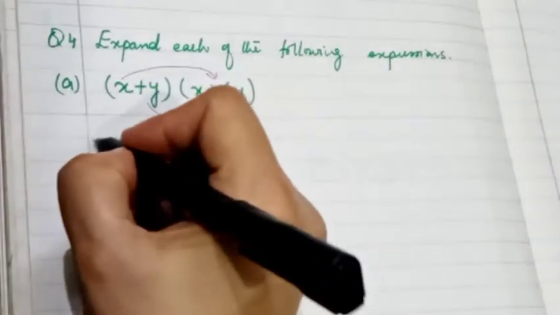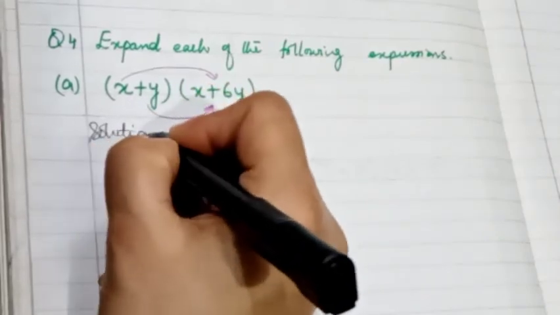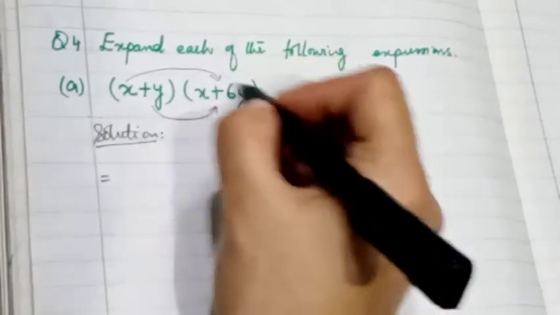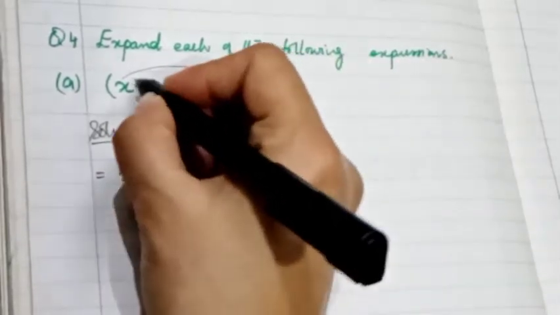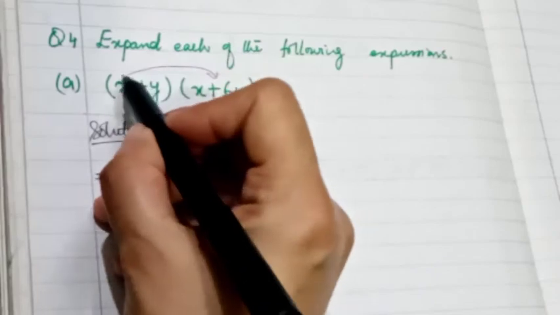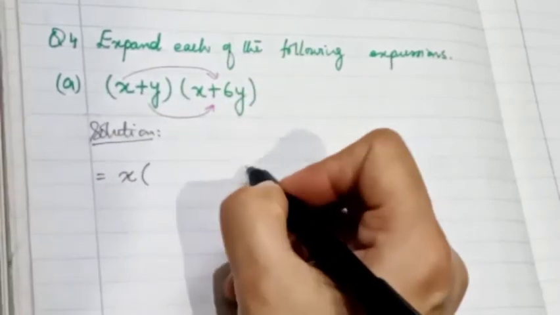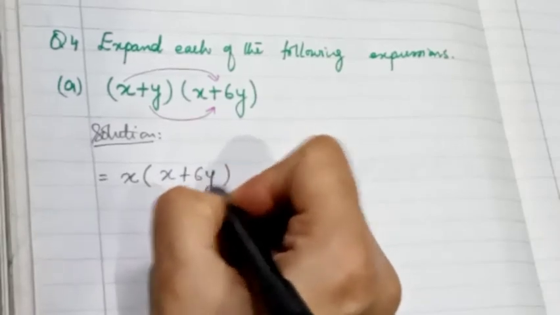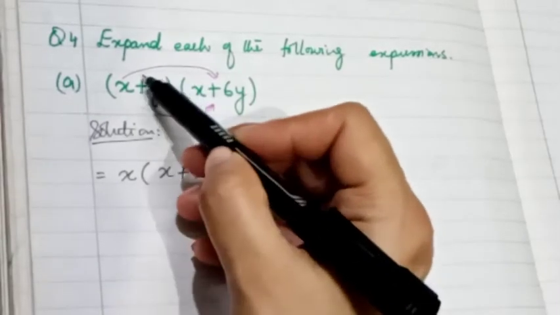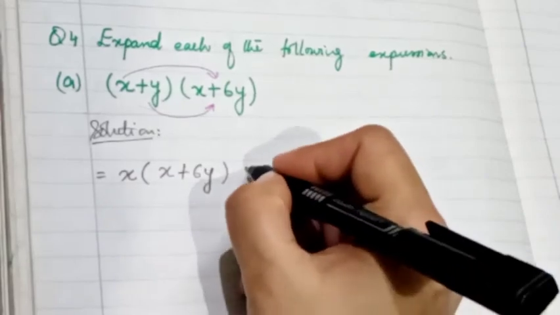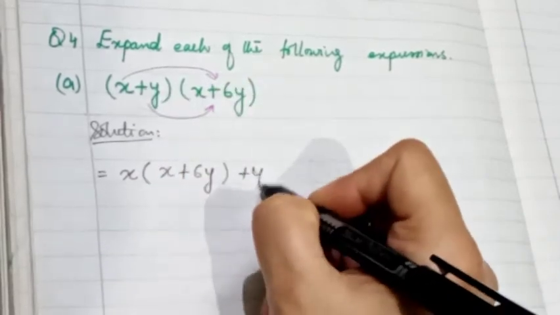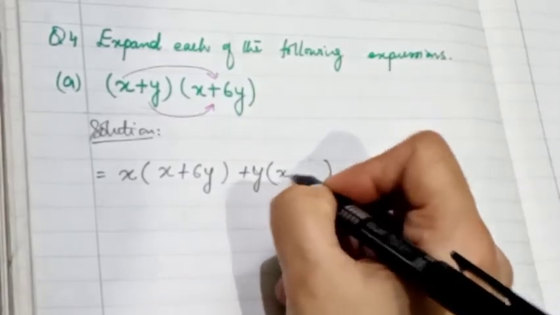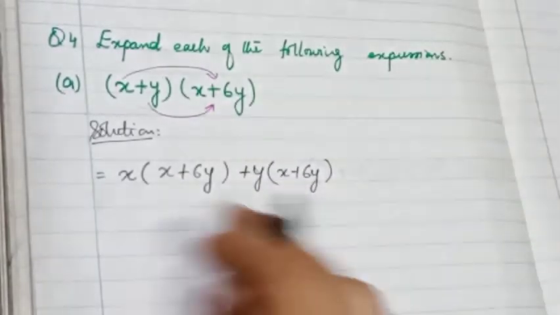So starting solution, we have to split the first bracket with the second one, writing x with this second bracket x plus 6y, so plus x into x plus 6y. Then we have to write the second term, that is plus y, with this second bracket x plus 6y, so writing plus y and x plus 6y. So I have split the first bracket with the second bracket.